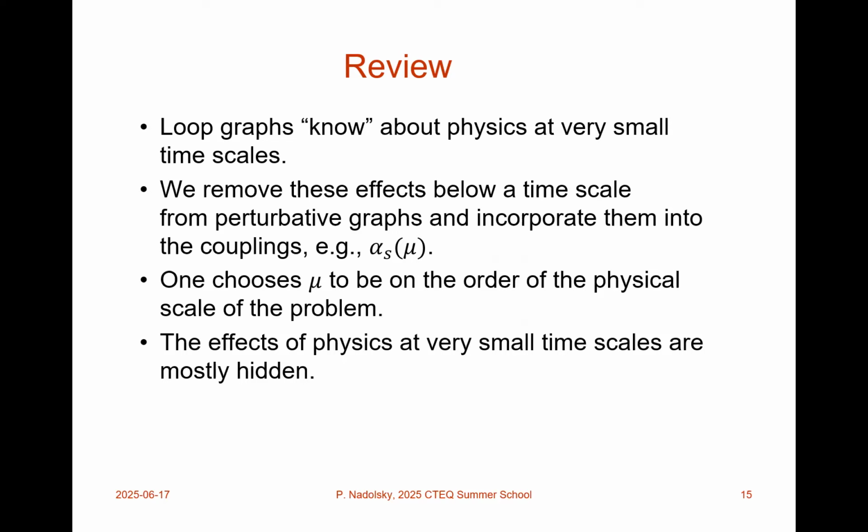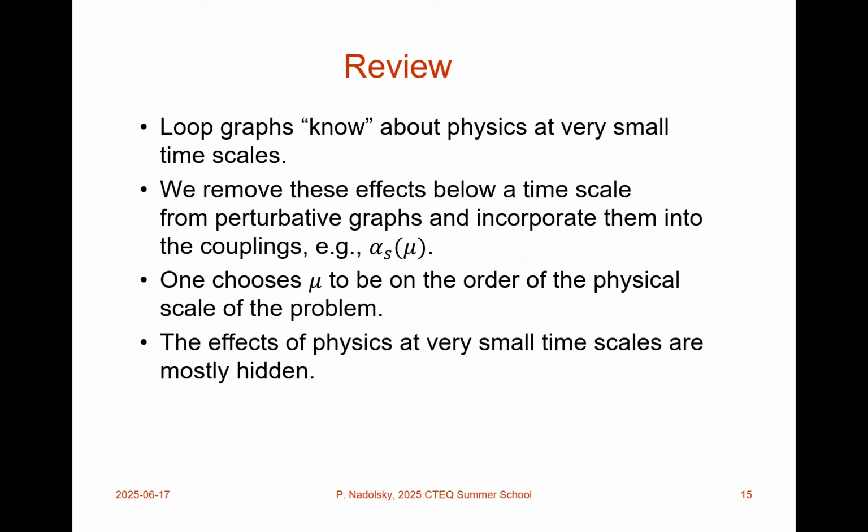Okay, all right, so just to review this section: the loop graphs actually know about physics at very small time scales, very large energy scales. We remove these effects from the time scale typical for perturbative graphs by incorporating them in the running couplings and the running masses, or we can use the on-shell scheme to do the same.